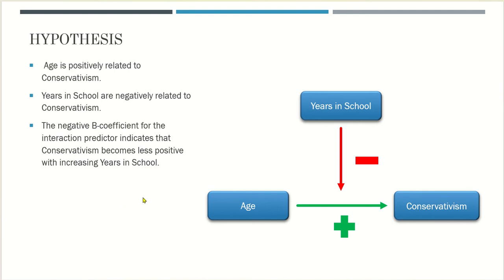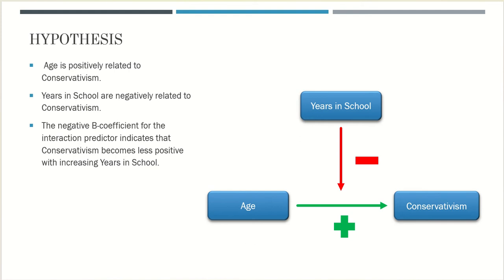So the negative B coefficient for the interaction predictor will indicate that conservatism becomes less positive with increasing years in school. So even though you may become more conservative as you get older, that will be influenced by the fact that maybe you've spent more years in school. So you may not be as conservative as your counterpart that didn't spend as many years in school.